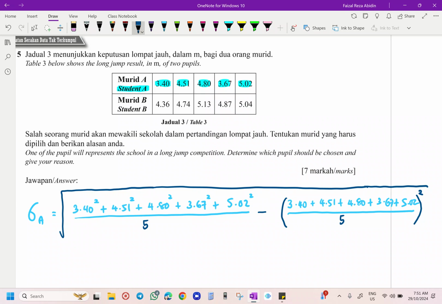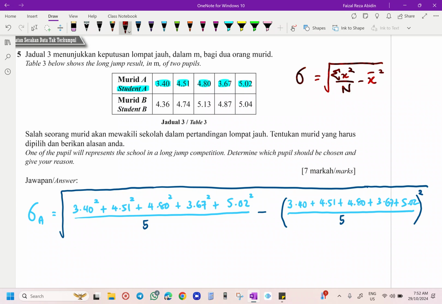Because you are using this formula, our standard deviation is the total of x square over n, minus the mean square. That is the formula you use to find the standard deviation straight away, using all the data given.